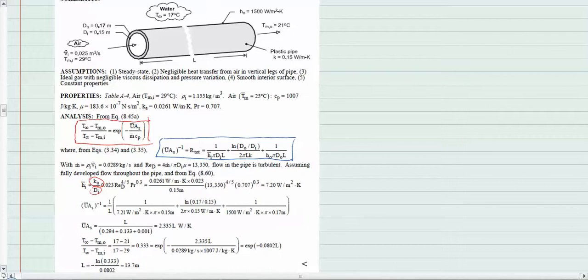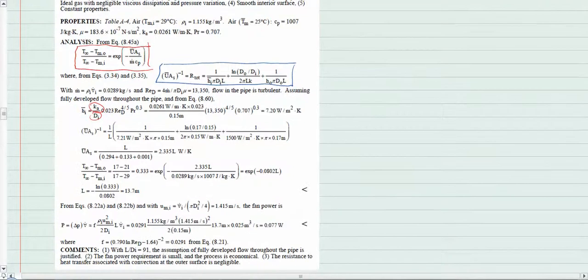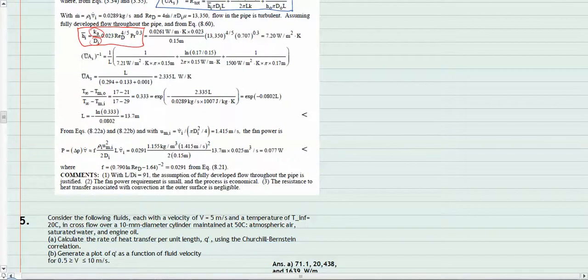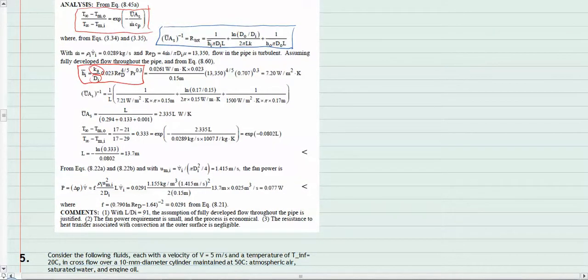Okay, so that would be on your equation sheets or memorized. As you go through this problem, there's another equation that I would provide. Once you calculate the internal heat transfer coefficient, you can go forward and calculate UA with the L remaining unknown. Use this original equation to then solve for L.